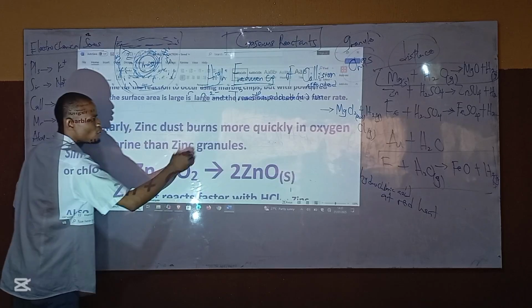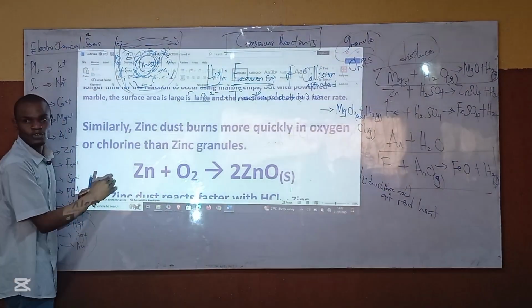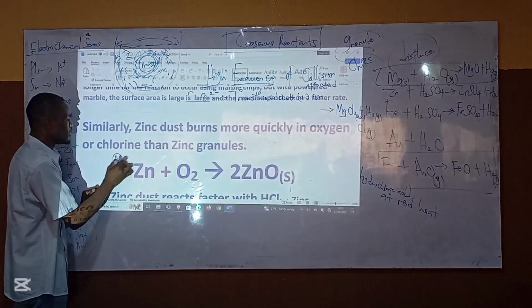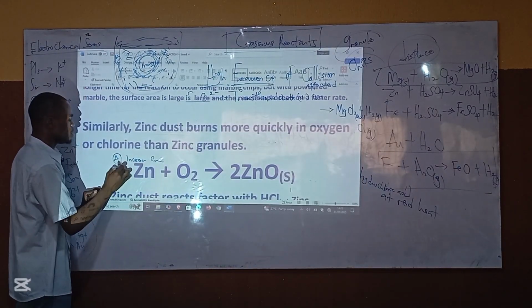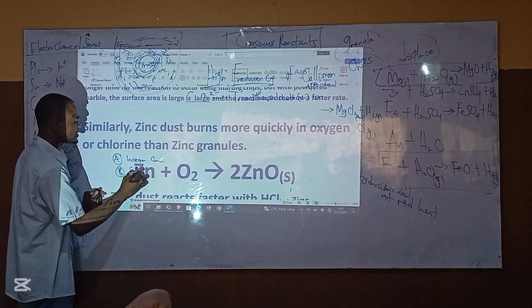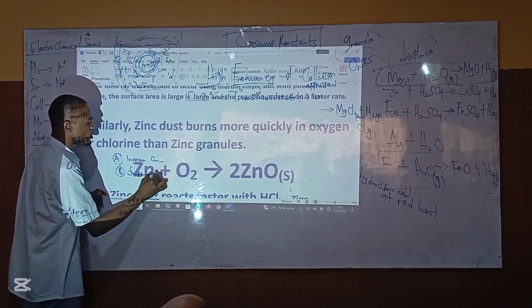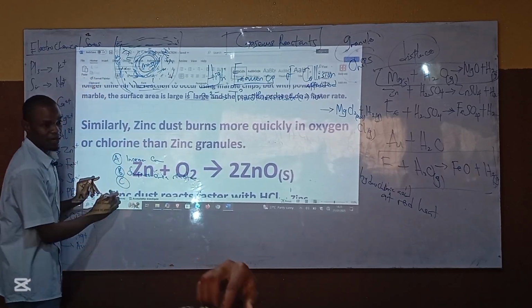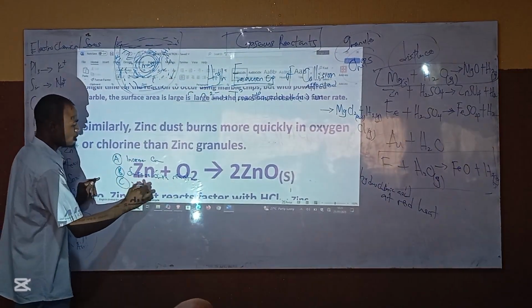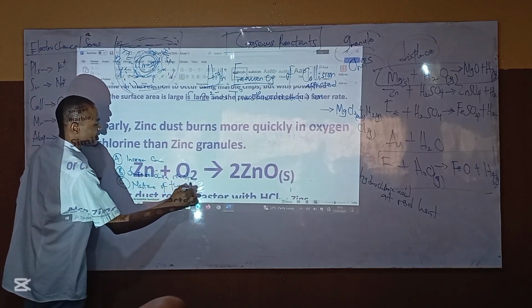Zinc dust combusts more quickly than zinc granules. Why? Option A, increase in concentration. Option B, surface area of reactant. Option C, nature of the reactants.